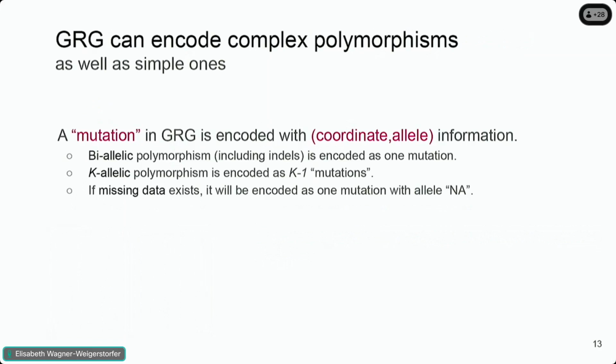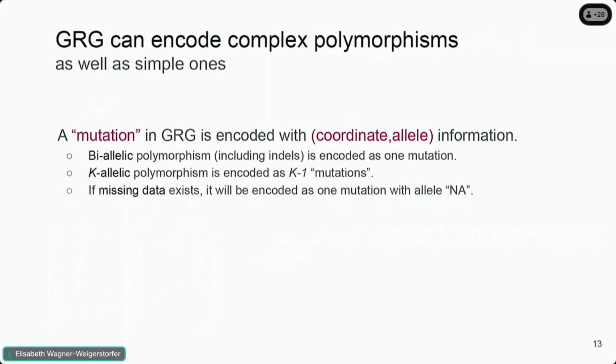So what do we call a mutation? A mutation could be the derived allele, or the minor or alternative allele. The null allele would then be the reference allele or the ancestral allele. What we encode as a mutation uses the coordinate and allele information.